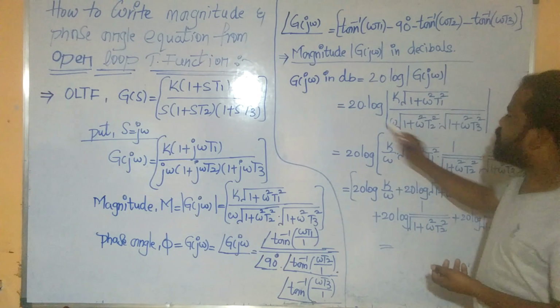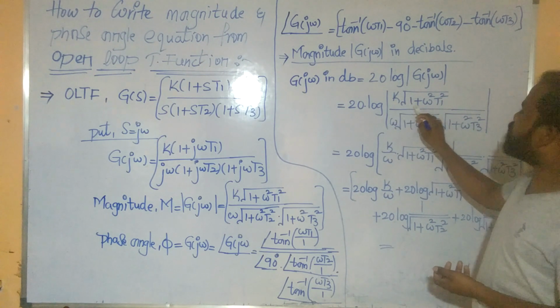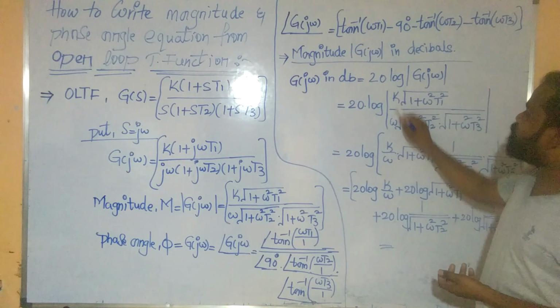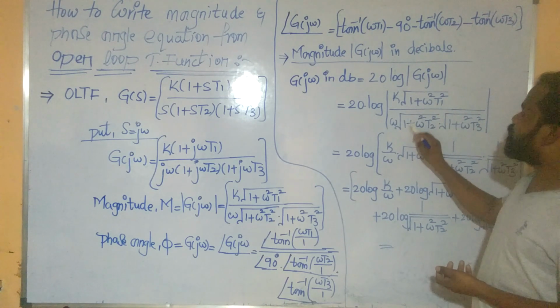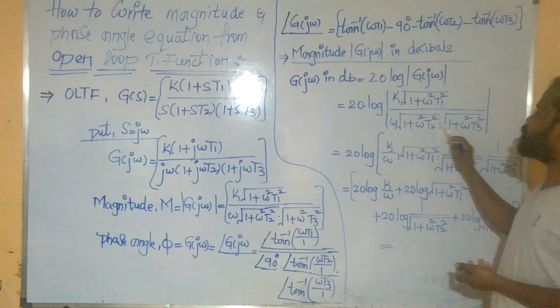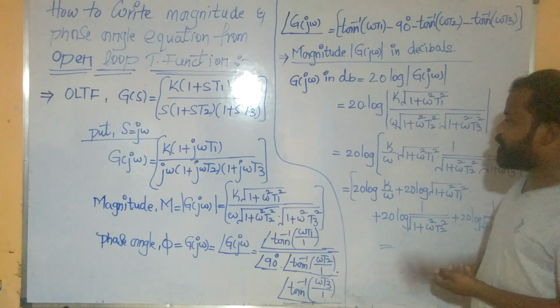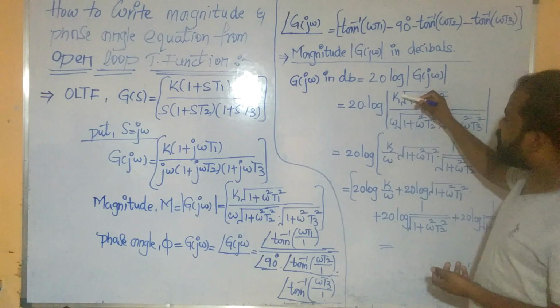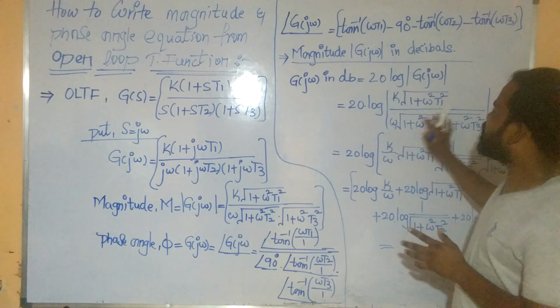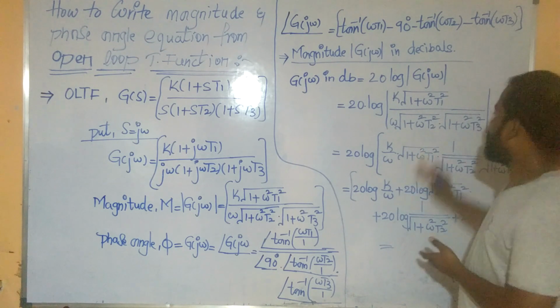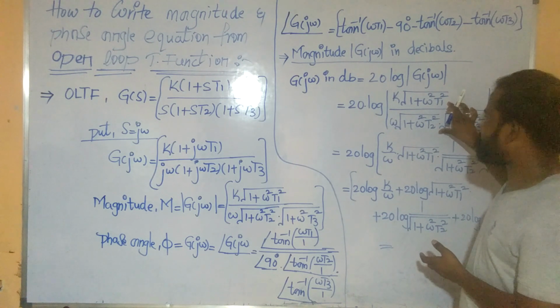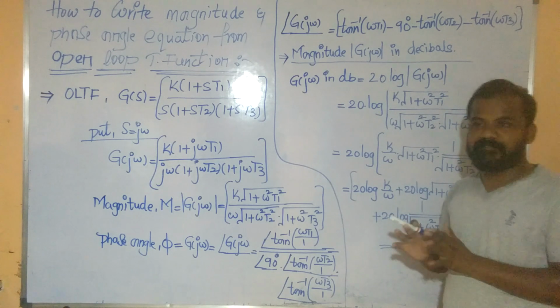Clear? Now 20 log of k into the square root of 1 plus omega square t1 square, divided by omega into the square root of 1 plus omega square t2 square into the square root of 1 plus omega square t3 square. Now 20 log, and I am simply writing all are in multiplication. Yes or no? All are in the product, but I want to convert into addition.